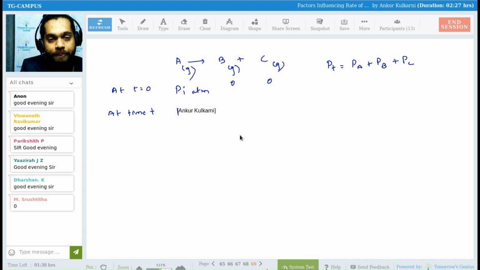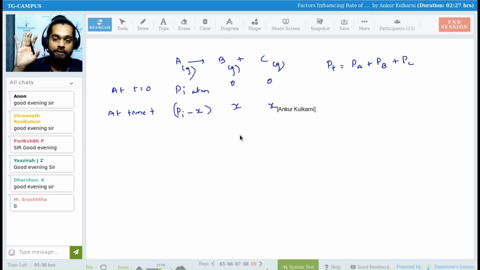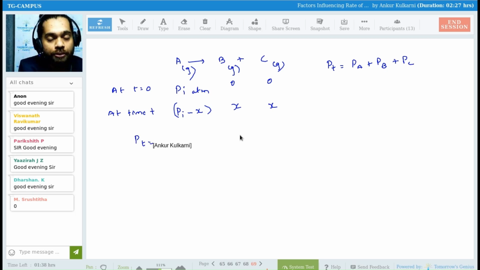So it will be Pi minus X. X amount of reactant has converted into product, so I'll write X here for each product. This Pi is nothing but the initial pressure. So the total pressure, Pt, is equal to Pi minus X plus X plus X. The minus X and plus X cancel. What is the value of Pt we have got?